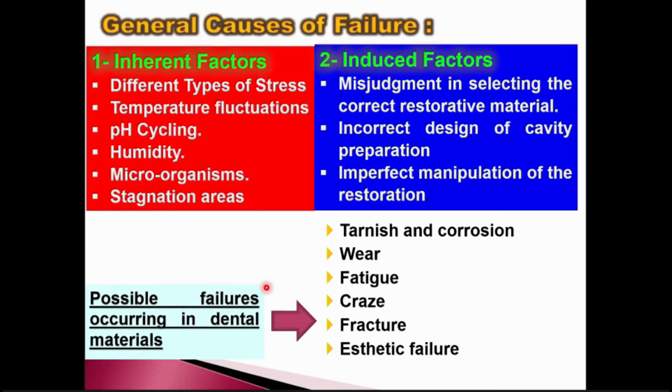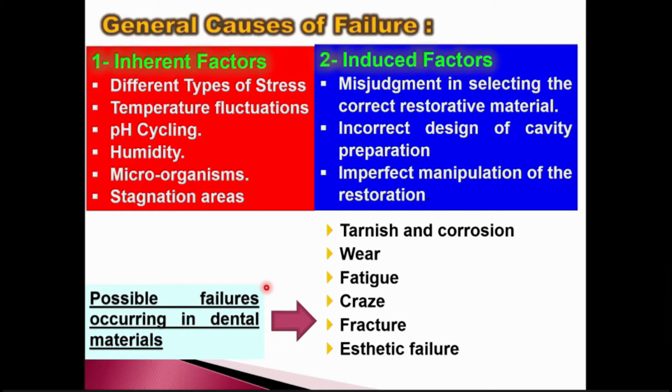So this means we are not using these materials correctly, or we are not performing the procedures correctly. So there is nothing wrong with the material, but their handling can also compromise the restoration life, and it may lead to failure ultimately.